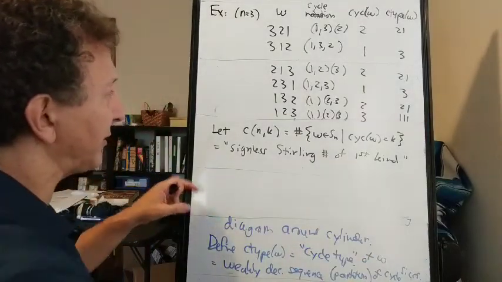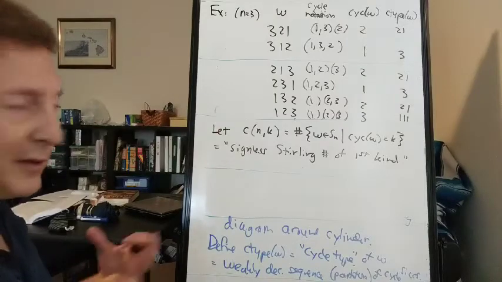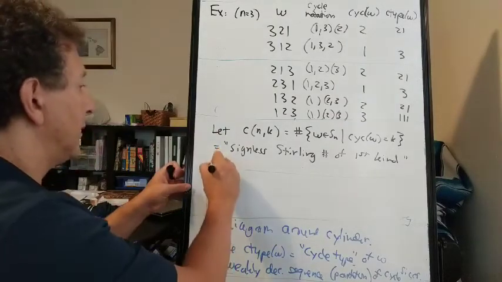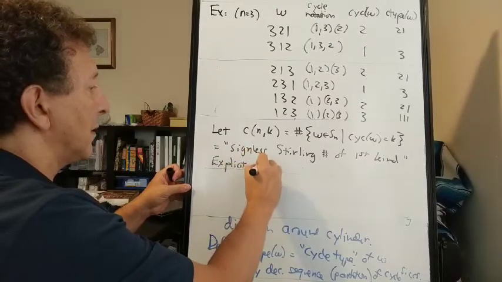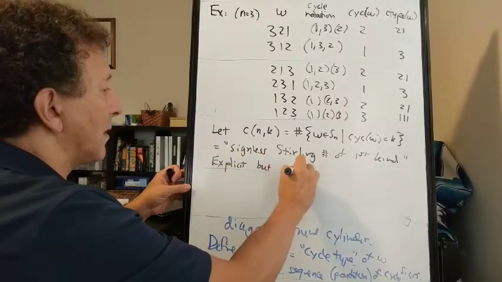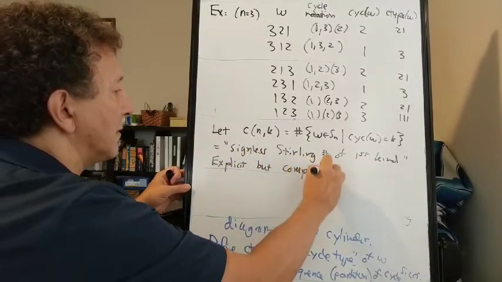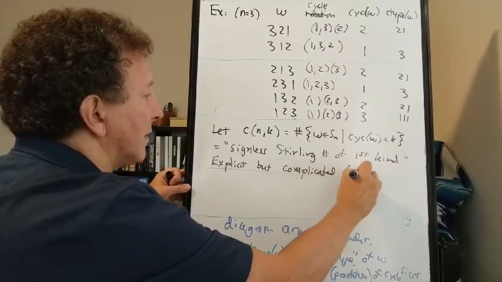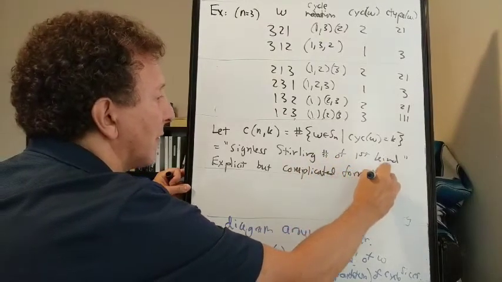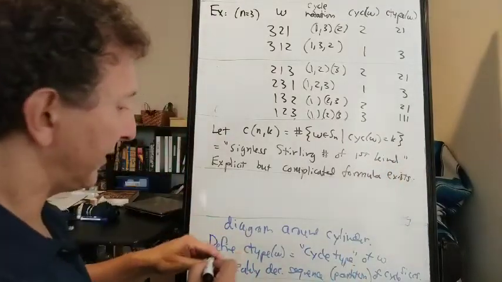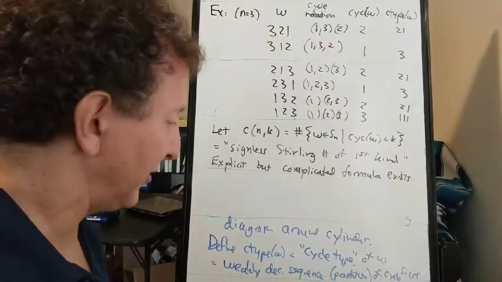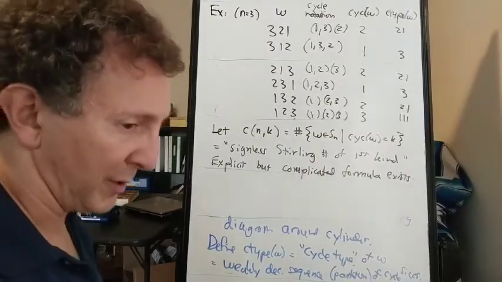Now, an explicit formula exists for c(n,k), but it's kind of complicated. So let's just say it exists, and we won't have occasion to actually use it, so we won't worry about it.